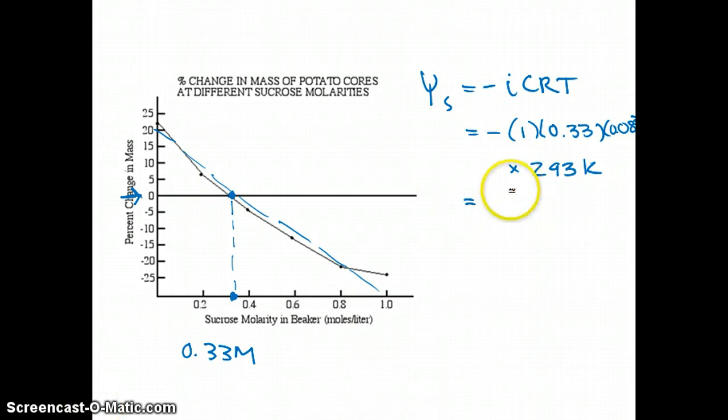When we do this, we get negative 8 bars. And that would be our solute potential.